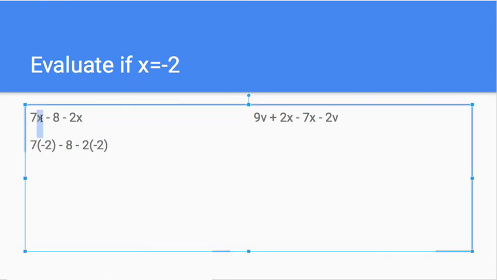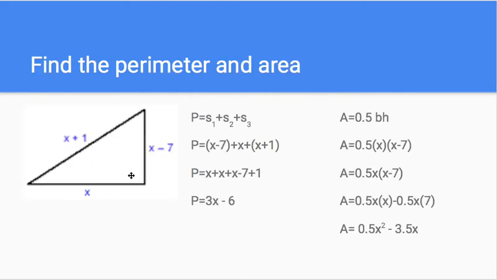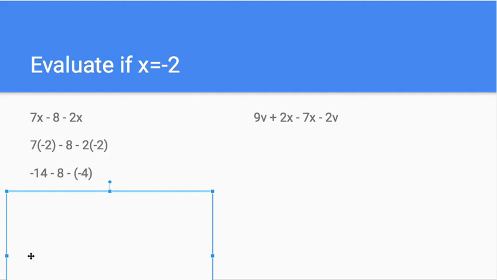So 7 times x becomes 7 times negative 2, minus 8, minus 2 times, again, x gets replaced with negative 2. Now, follow my order of operations, multiply. So 7 times negative 2 is negative 14, minus 8, minus, and then 2 times negative 2 is negative 4.